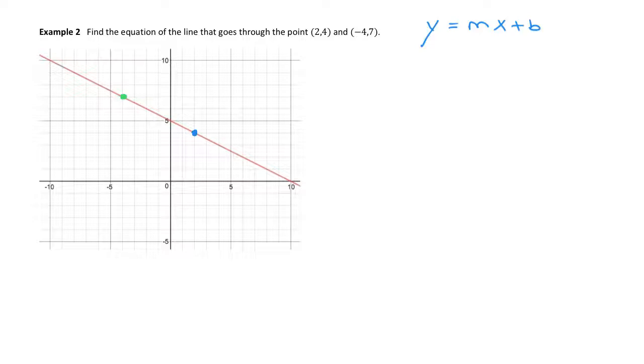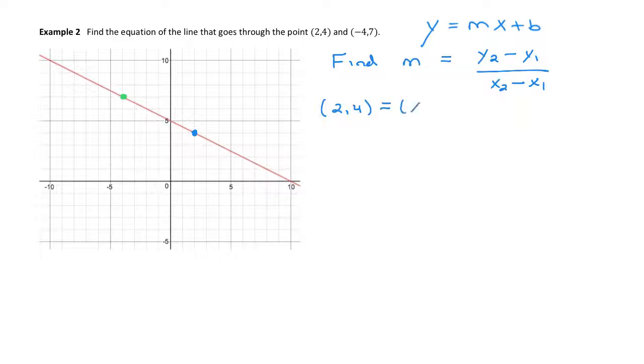I need to know the slope, and I need to know the y-intercept. So I'm going to actually use the formula for slope this time just to practice this process. So step 1, I want to find the slope. We're going to use the formula y2 minus y1 over x2 minus x1. This would be really useful if you didn't have a graph of your equation. Okay, so my two points are (2, 4), which I labeled as blue.